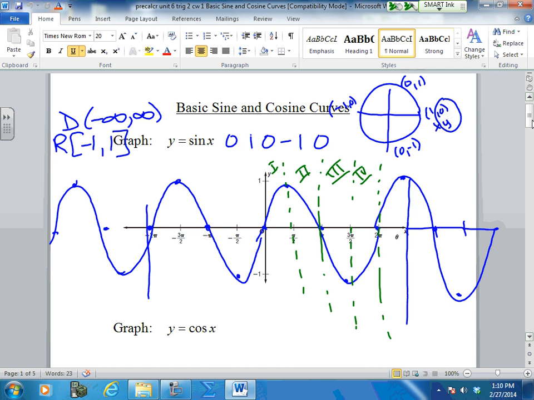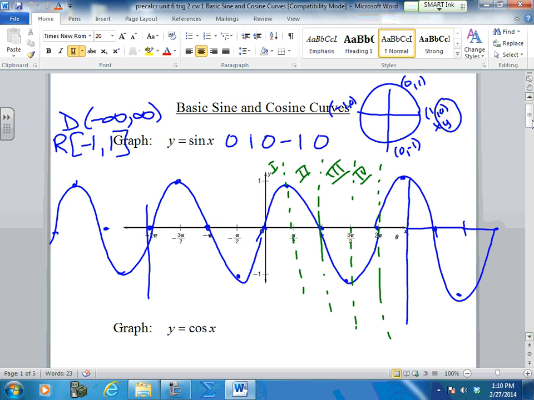In quadrant 1, it's positive. Look where it is, above here. In quadrant 2, it's positive. In quadrant 3, negative. In quadrant 4, negative. Because we unraveled it onto your graph, it has to match up to what you originally had.